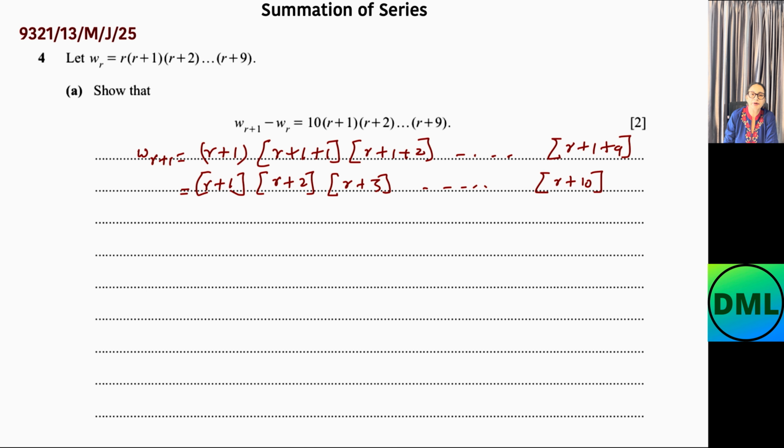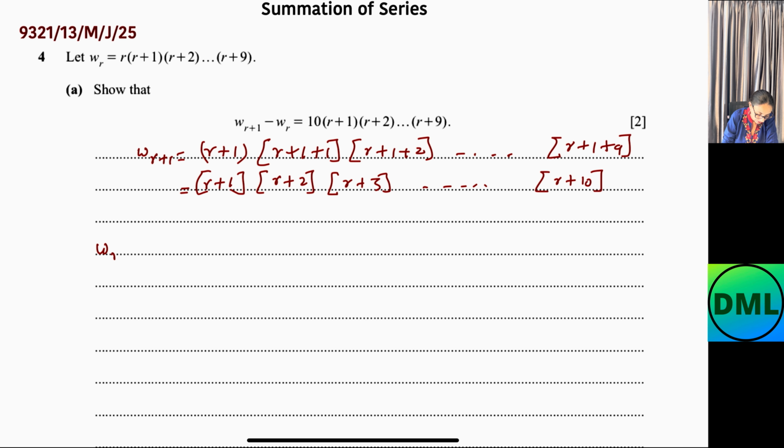I need to subtract: W_(R+1) minus W_R is given as (R+1)(R+2)(R+3) and so on till (R+10), minus W_R.